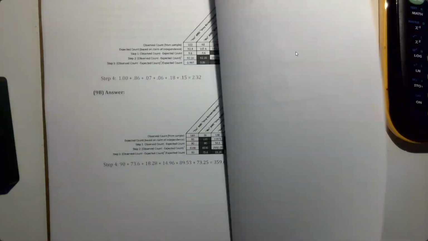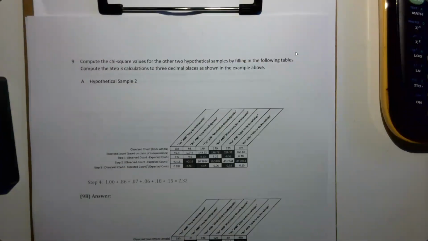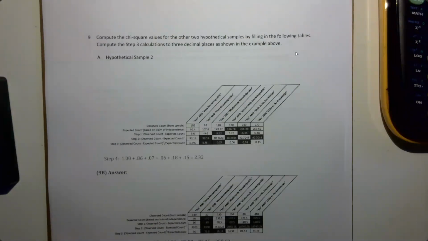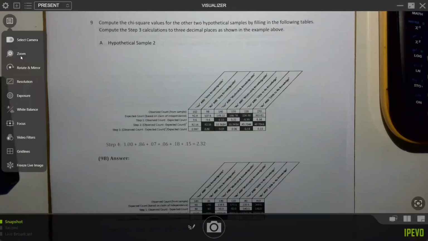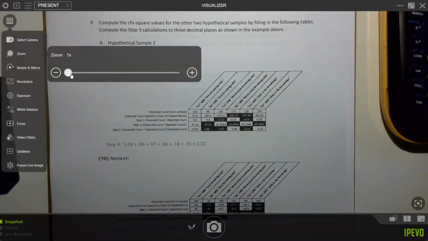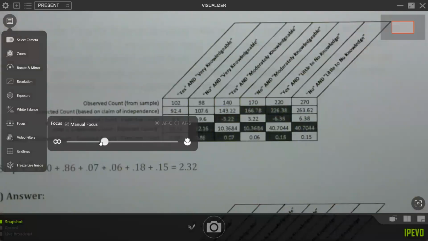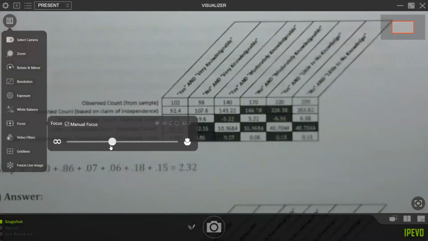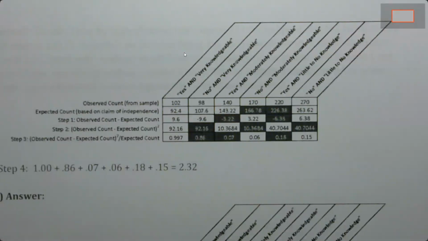Let's take a look at two more samples. Sample 2, and finally sample 3. So let's make this a little bit larger so everyone can see that. There we go.